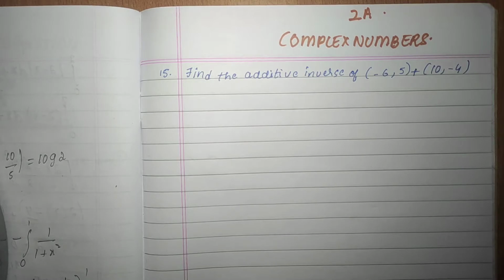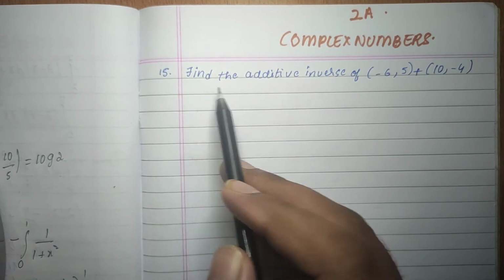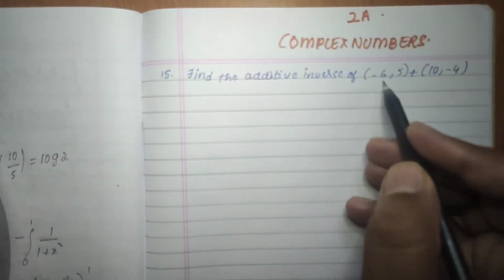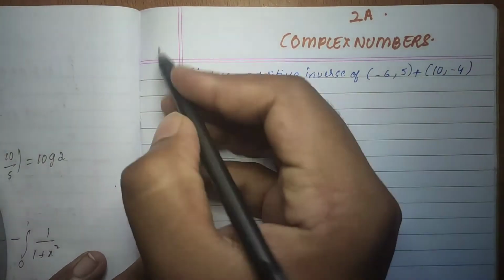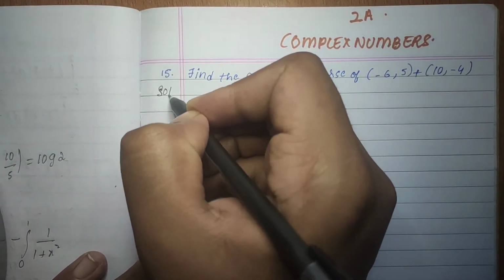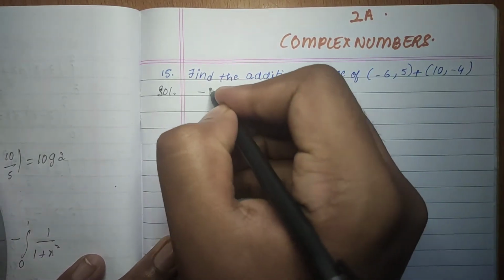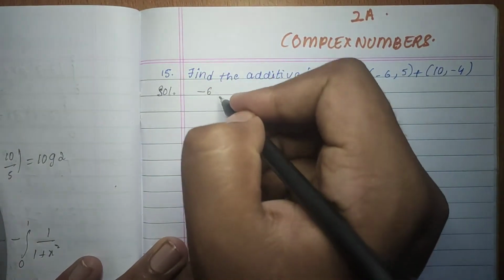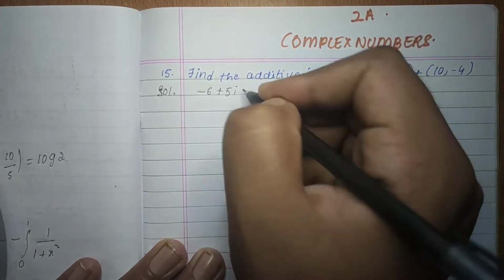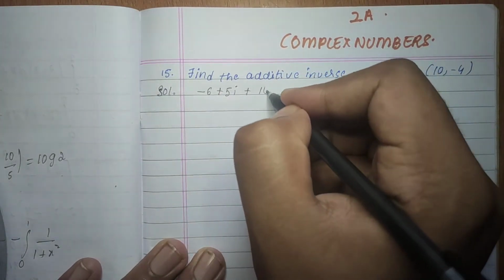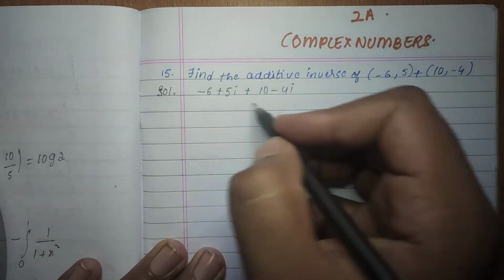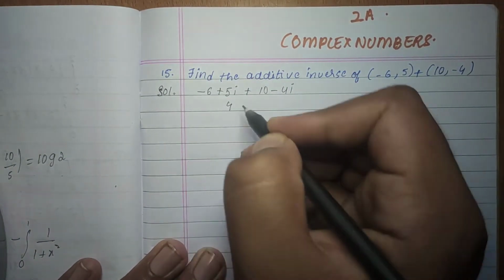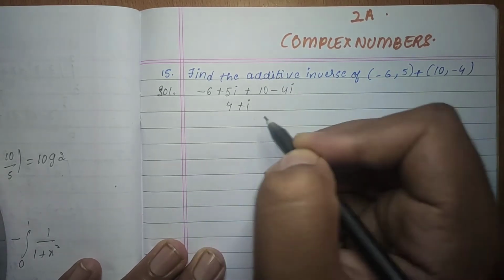Now let's start 2A first chapter, which is complex numbers. The first sum is given as: find the additive inverse of minus 6, 5 plus 10, minus 4. So solution. Thus minus 6 5 can be written as minus 6 plus 5i plus 10 minus 4i. First add this, that is 4 plus i.